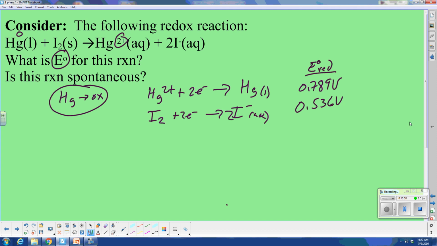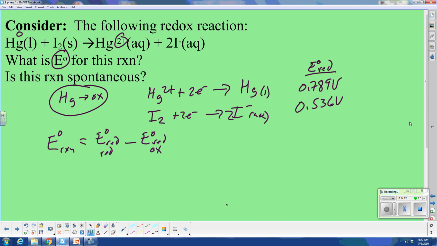0.536 volts. And what did we say? We said, hey, my standard potential for the reaction is equal to my standard reduction potential for the reducing species minus the standard reduction potential for the oxidizing species. Good. So what did we say was my reducing species?